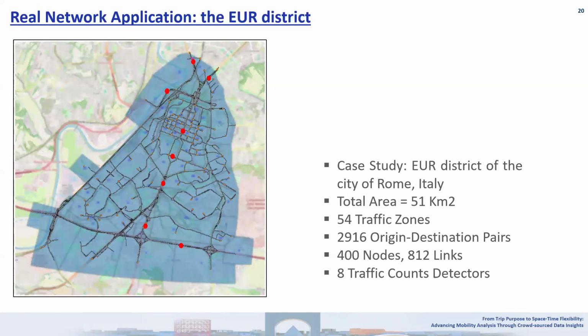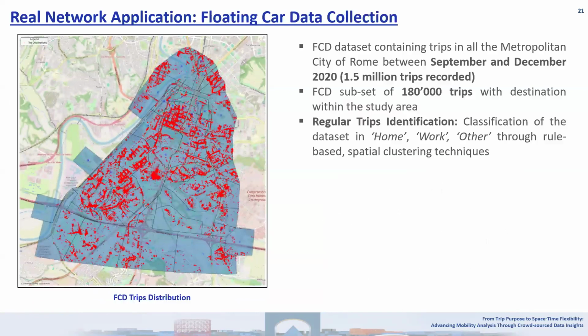So we want to show that including additional information about the flexibility and the distribution of the demand components in our area can improve applications where traffic count data or other types of traffic data are scarce.